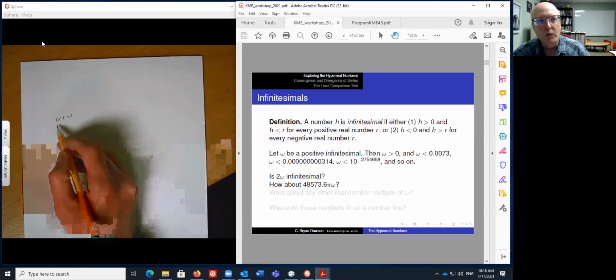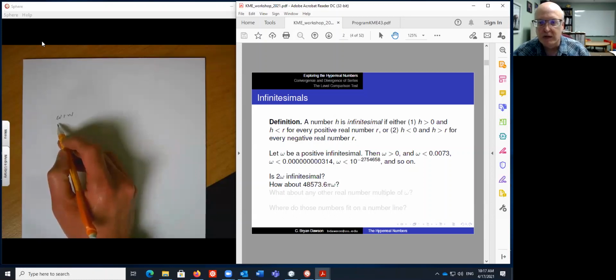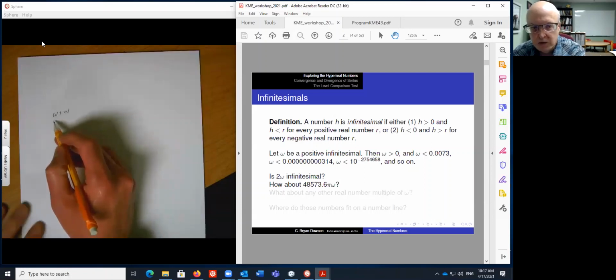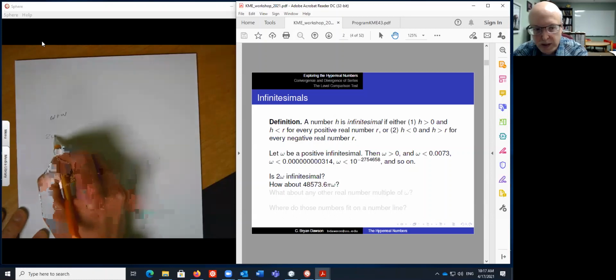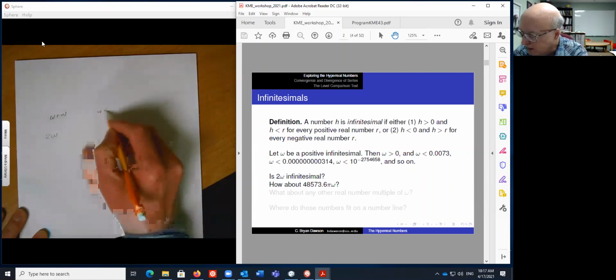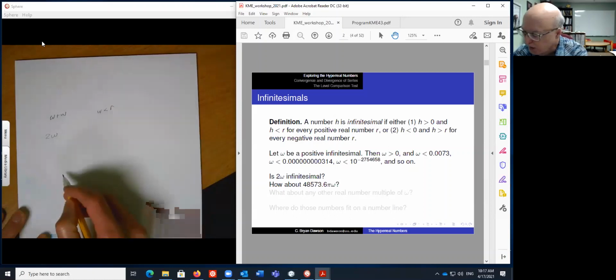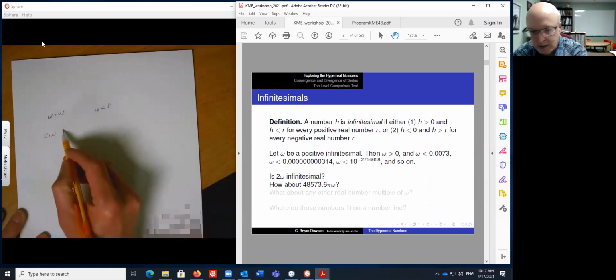But as you recall, when you define things like the complex numbers, you want all of your arithmetic to work the same way that it does in the real numbers, your arithmetic and your algebra, etc. So we'll make the assumption that our arithmetic and algebra all work the same with any of these hyperreal numbers as they do with the real numbers. So if omega is less than any positive real number, would 2 omega also be less than any positive real number?